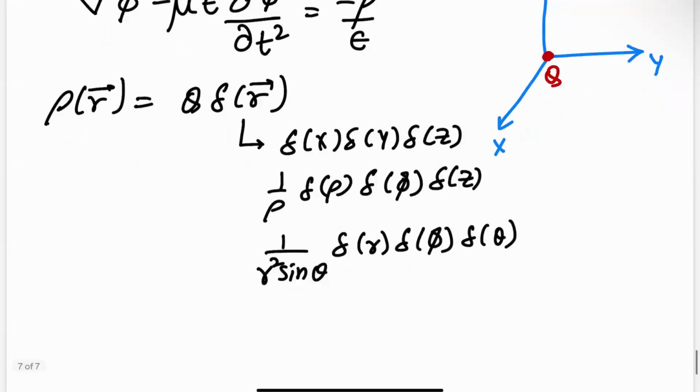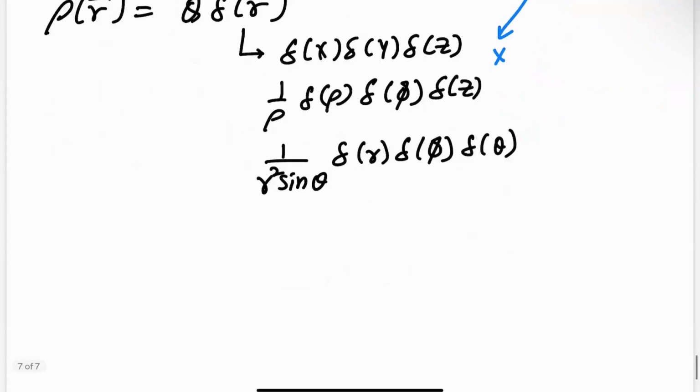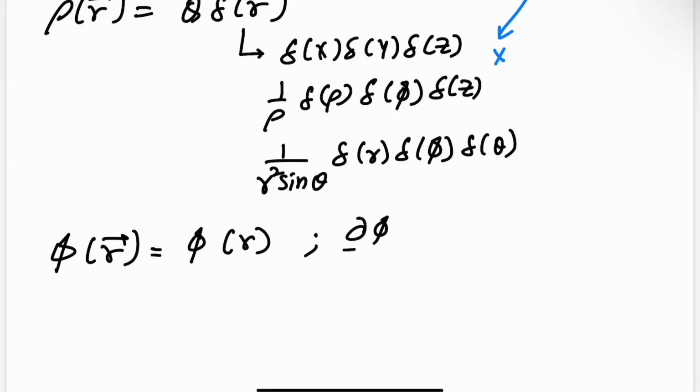All right, so since the charge is at the center, at the origin, we can impose spherical symmetry on this problem, right? Which means that any potential that you get out of this should also be spherically symmetric, right? Because the entire problem has spherical symmetry, which means phi of r vector is only a function of r, right? D phi over d theta is equal to d phi over d phi, which should be 0.